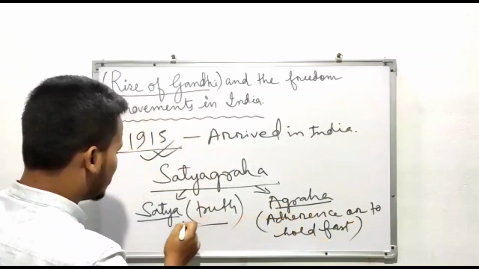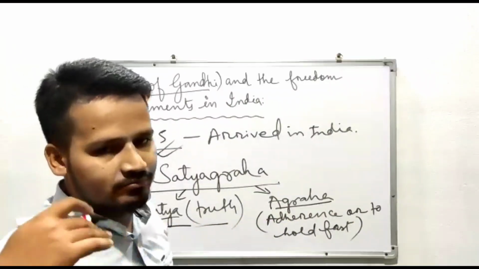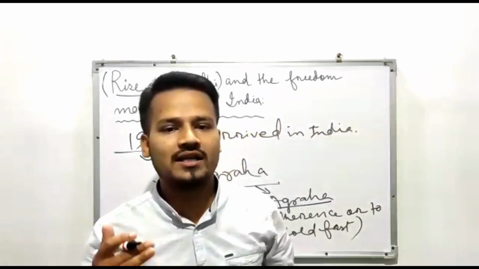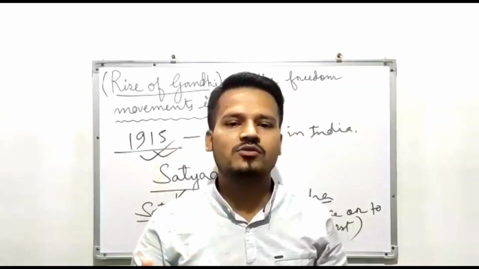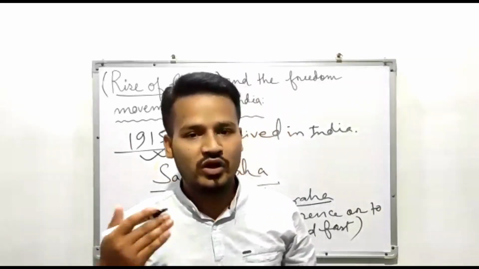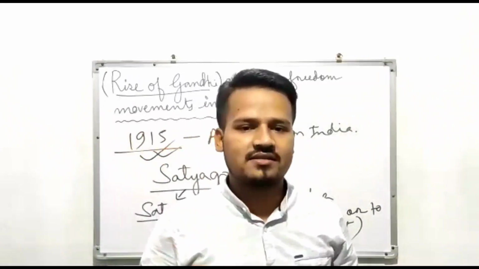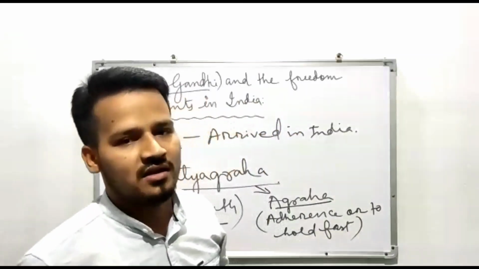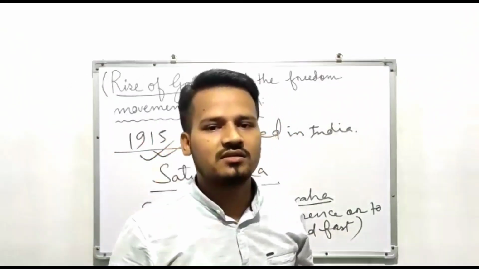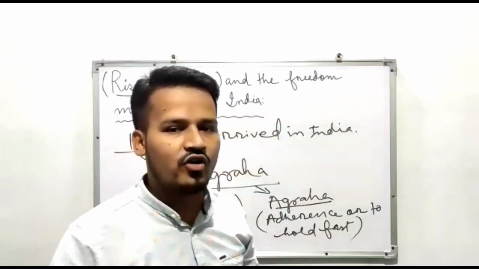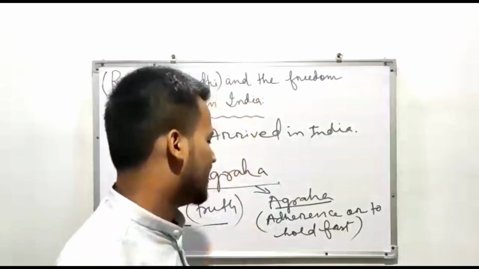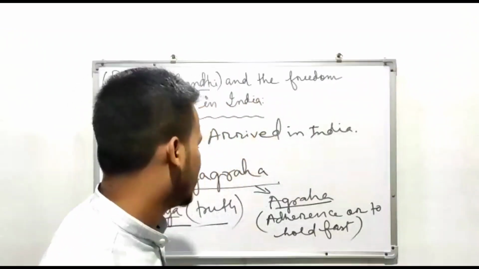So they will accept the truth in their activities while they forward their political activities against the exploitation of the British by forming various mass protests in India under the leadership of Mahatma Gandhi.